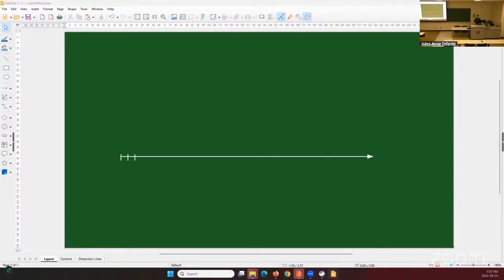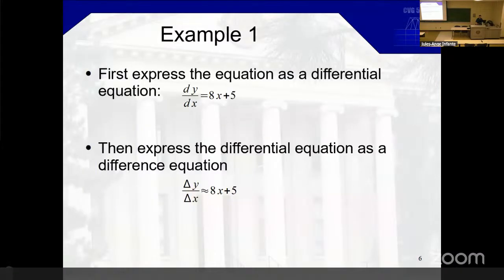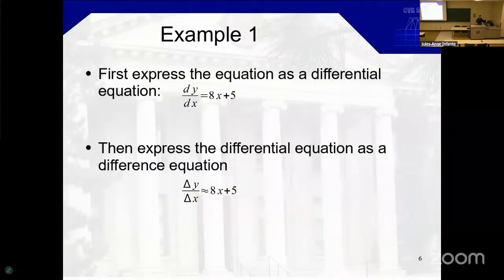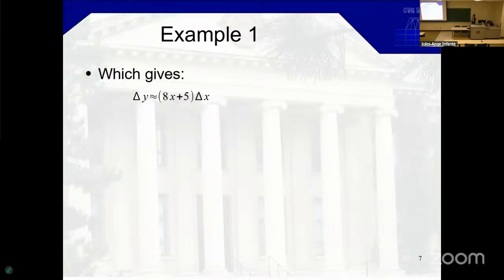I can express it as something more complex than just a constant interval. But what is the advantage of expressing it as a constant interval? What do you think? Why would I want, whenever possible, to express it as a constant interval, the delta x?